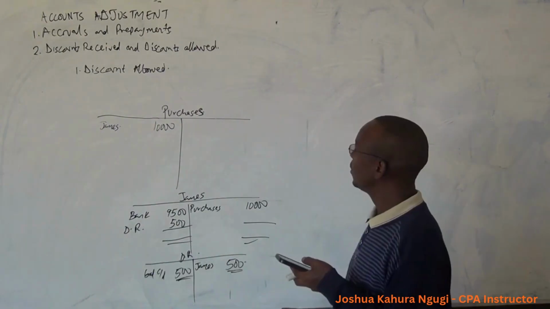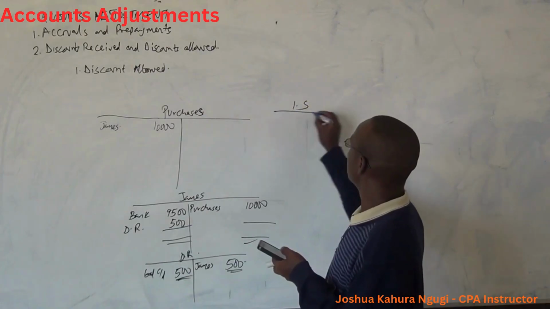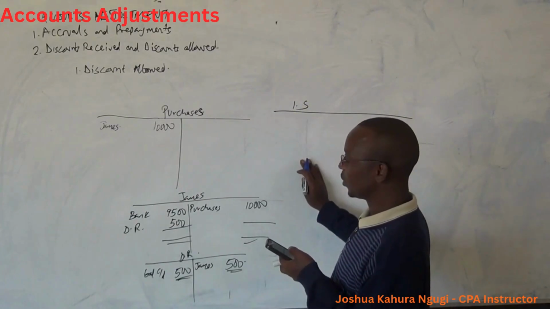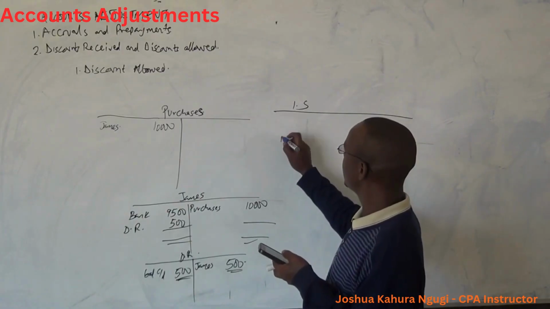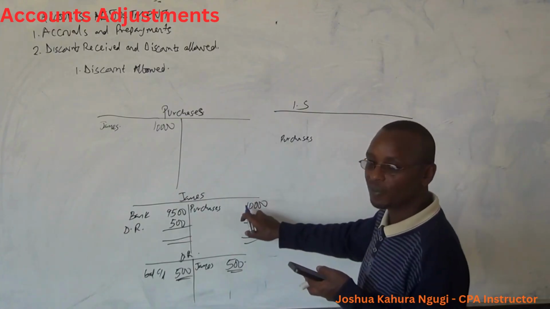500. Then, when you come to the income statement, in the cost of sales, opening stock, add purchases. Purchases will be stated at the invoice.